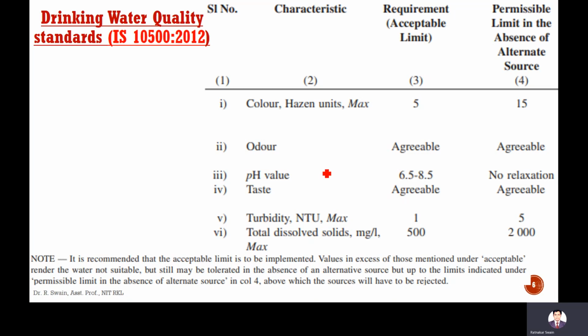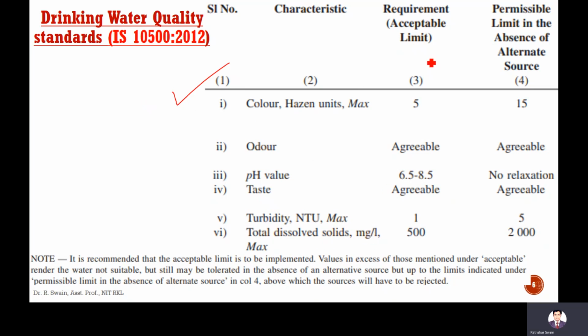Now come to quality. First of all, we have to discuss the quality standards as per Indian Standard IS 10500:2012. This page is on the physical parameters: odor, color, pH, taste, turbidity, and total dissolved solids, TDS.